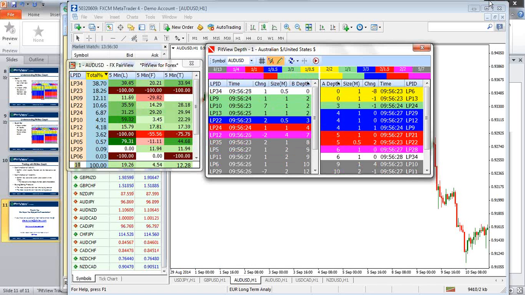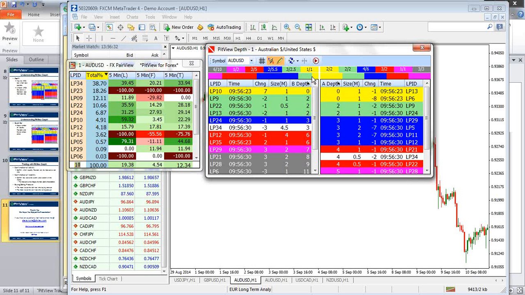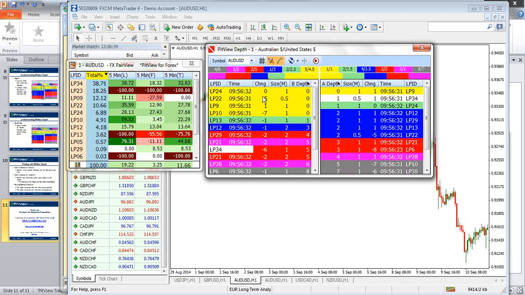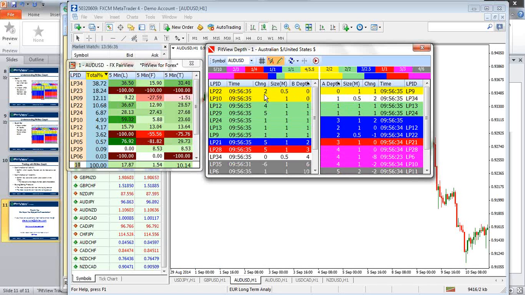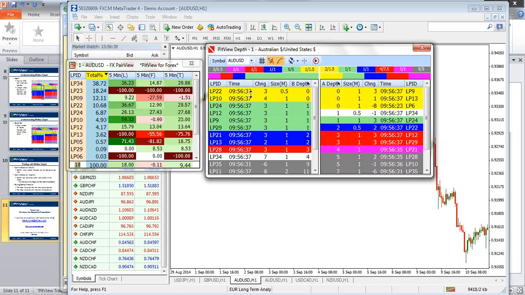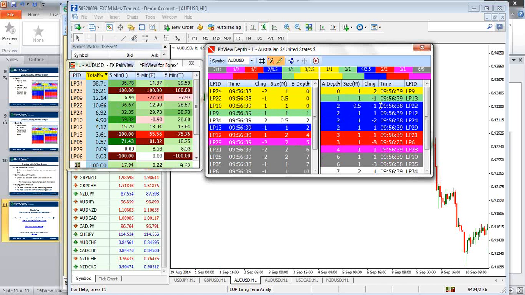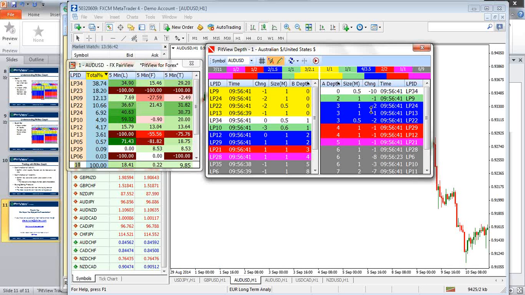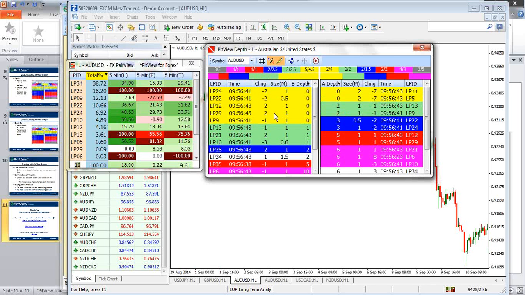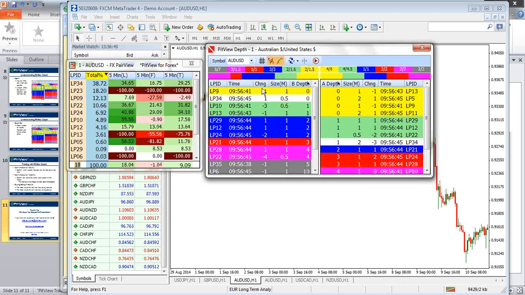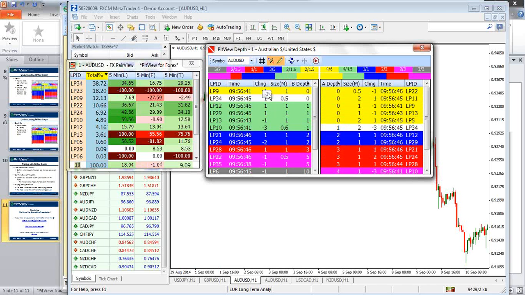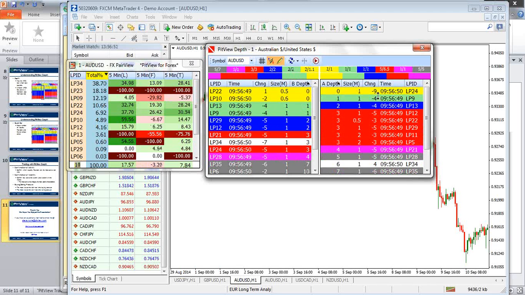Now, the second thing I would look at when it comes to PitView depth is whenever you get a large amount of the colors, all it's showing you is buying pressure and selling pressure. That's the real way that you want to look at PitView depth. When you see that the columns expand, like right now the column expanded, and you see how fast this rolls.